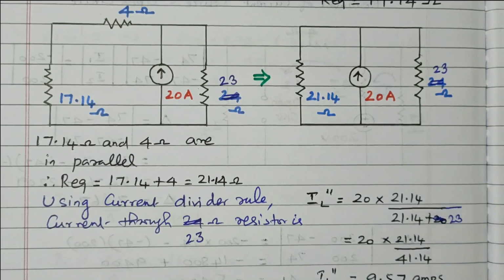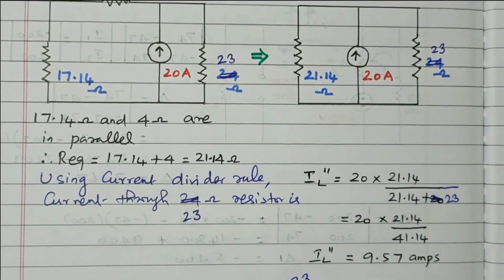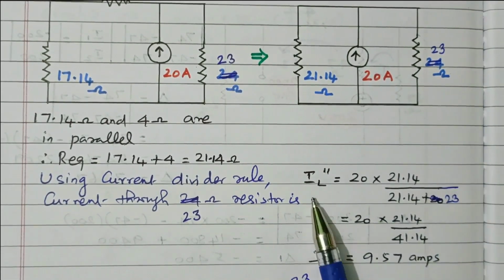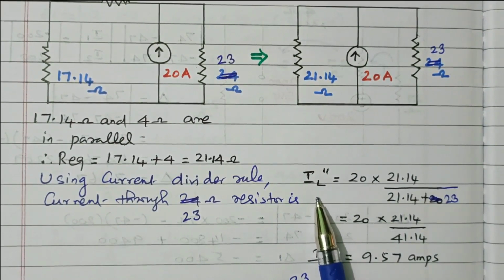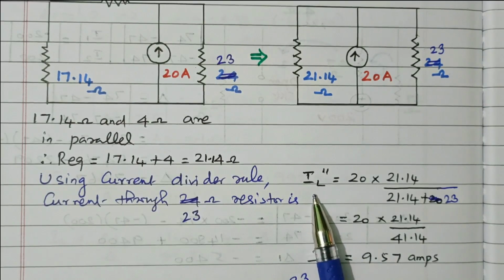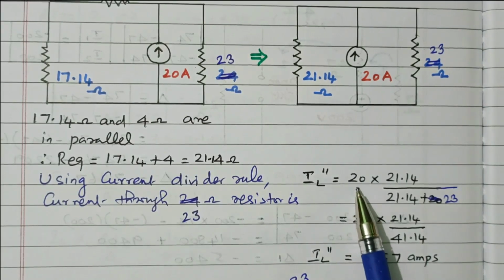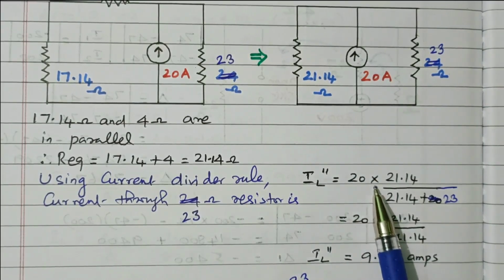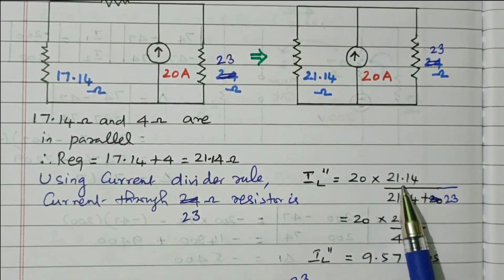So our aim is to find the current flowing through 23 ohm resistor. So what is that? IL double dash. IL dash we already calculated due to voltage source. IL double dash is the due to current source. Total current multiplied by resistance of the opposite branch.